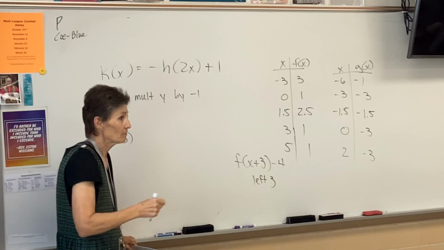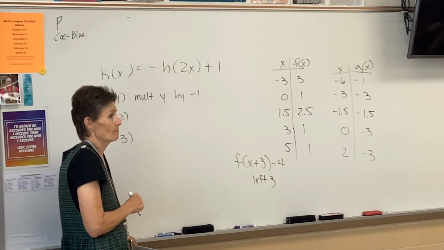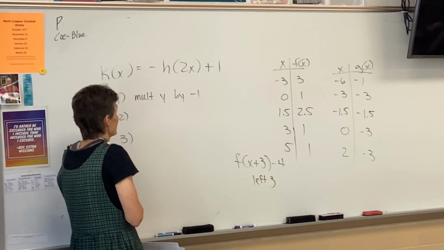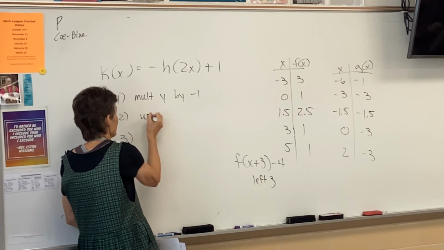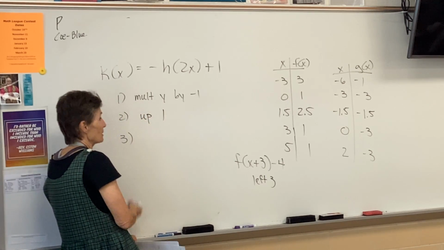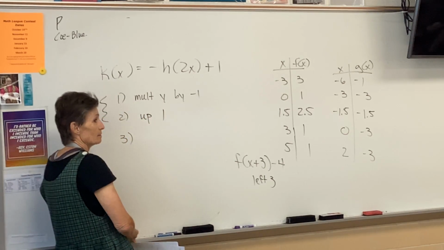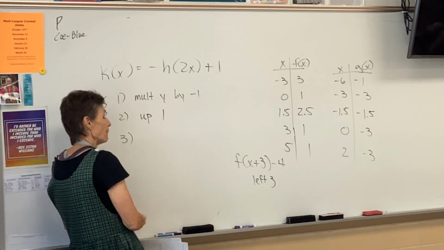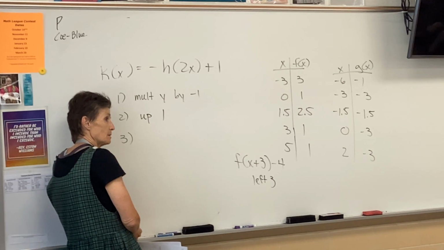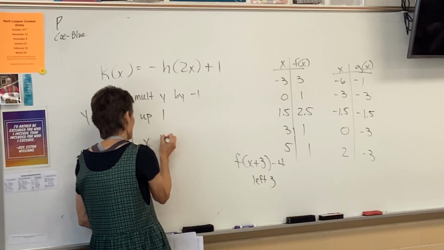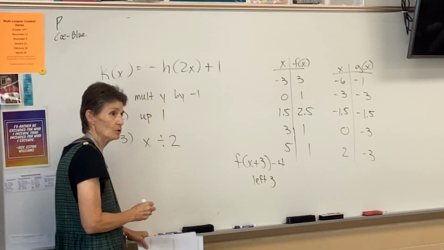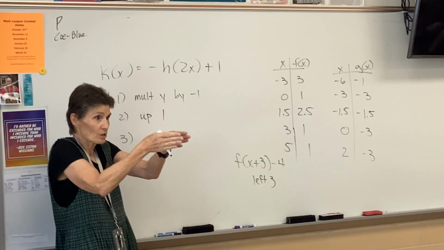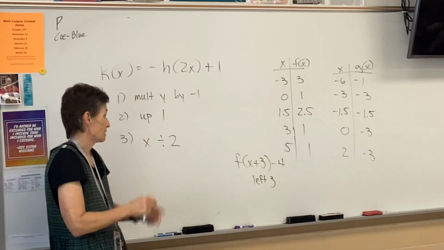Making y negative, changing the sign on y. We're also going to go up 1, right? Would you agree with that? So these are going to affect the y's. And then what's going to happen to the x's? Yeah, the x's are divided by 2. The width of the picture is going to get scrunched. It's divided by 2.